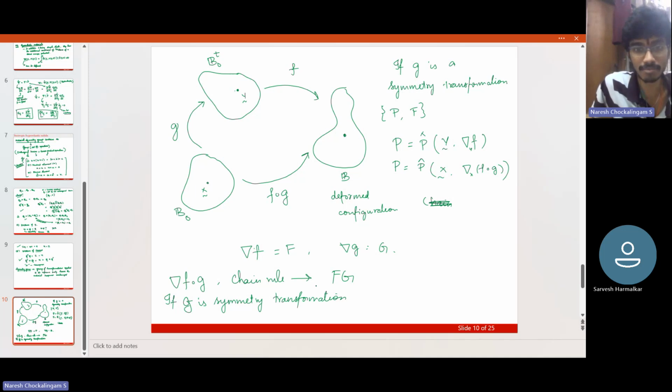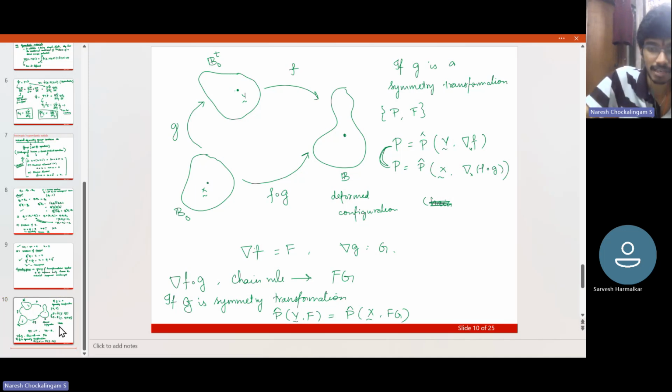So the definition of a symmetry group here is that if G is a symmetry transformation, then these two stresses, which are obtained from these two different bodies, which are just related by a symmetry transformation, should be the same. Therefore, if G is a symmetry transformation, then the response of Y comma F should be equal to the response of X comma Fg.